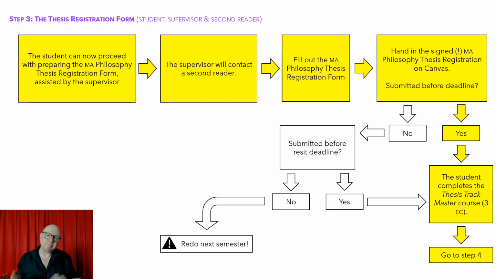If not, then there will be a deadline for the resit. If you miss that, it's just like with the summary assignment, you will have to redo the mini course next semester. If you submit it before the deadline, the first one or the second one, then you have completed the Thesis Track Master course and you get your 3 EC.